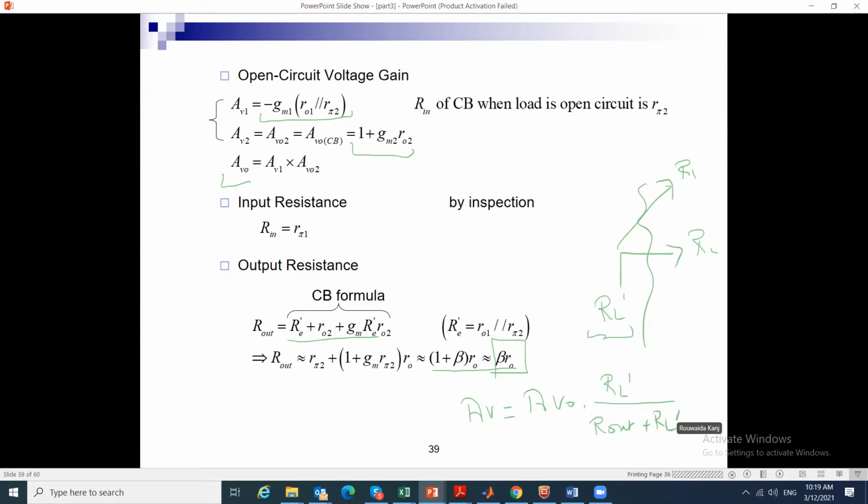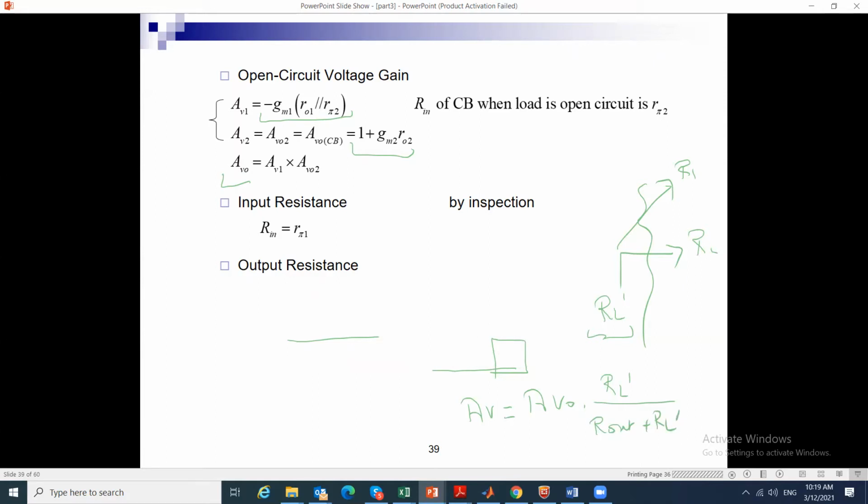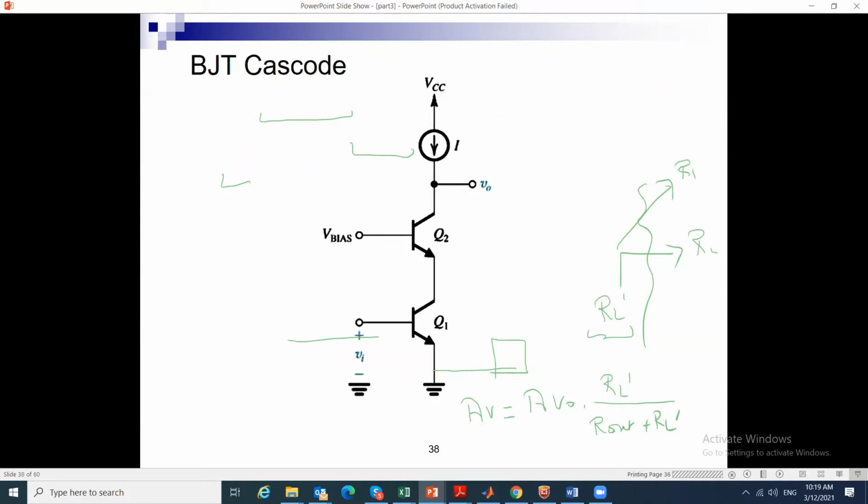Okay, if we go back to this complex circuit here, and we say, well, I'm going to interface this to a common emitter, and some resistor here between VDD like this, this is the final VO3, and this is Q3, and this is R1, R2.